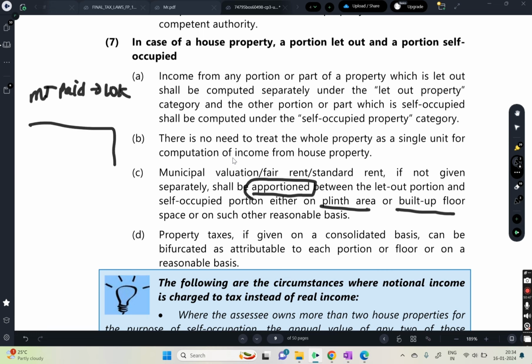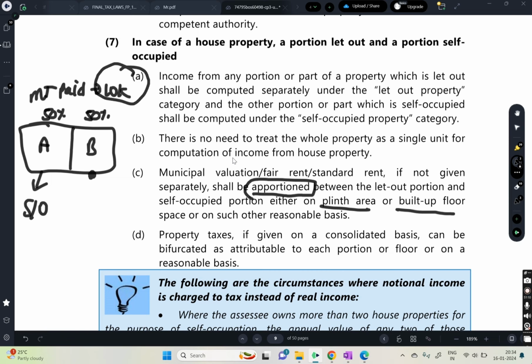Here we are talking about two portions, one is A portion, another is B portion. Self-occupied property, forget about it, it is nil, we don't charge anything. Now we are talking about B property. Let's say A has 50 percent of the area and B has 50 percent. For the entire house we paid municipal taxes of 10,000 rupees. So for B I will take 5,000 because it is 50 percent.